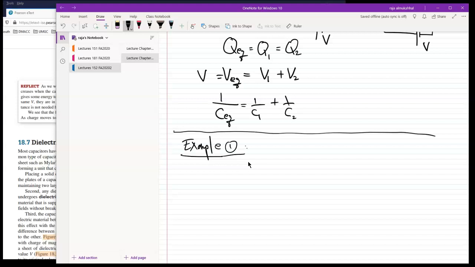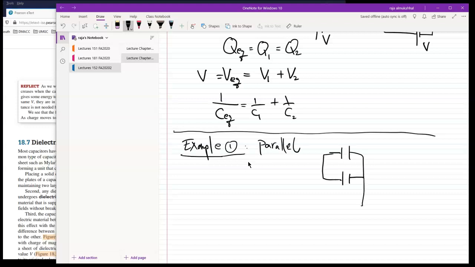Let's say I have 3 capacitors in parallel. We'll talk about parallel first, then I'll do a homework problem that has to do with this. So let's say I have 3 capacitors arranged in parallel combination.